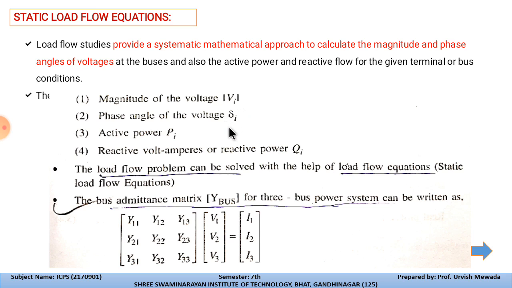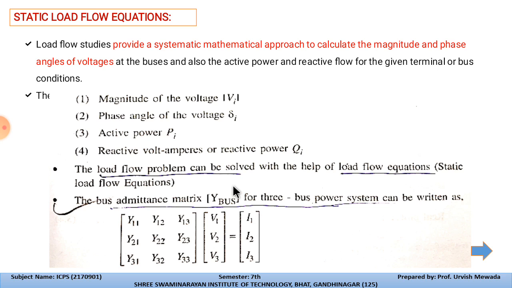So if delta is 90 degrees, at that time the power will be maximum. So this phase angle describes the condition of the maximum power transfer. Then active power Pi, and reactive power, which is in volt ampere, indicated as Qi.